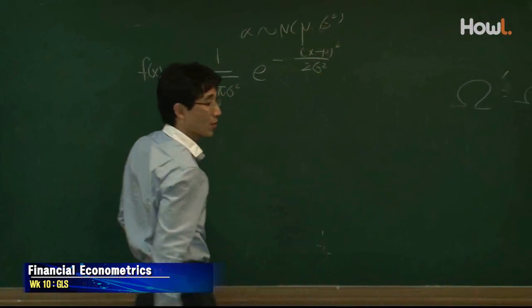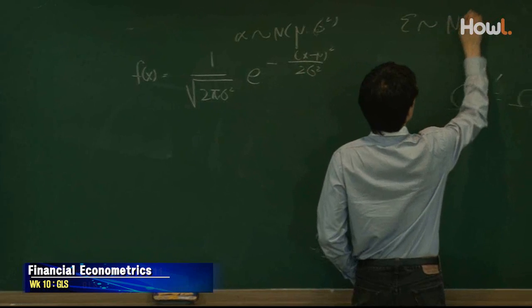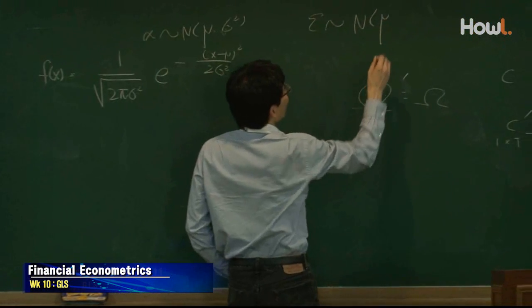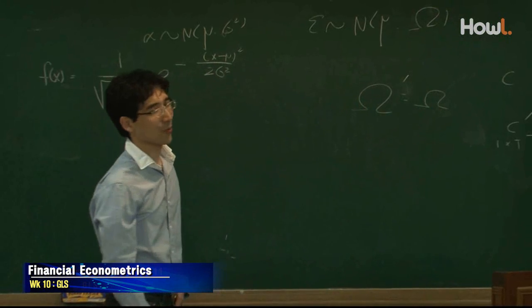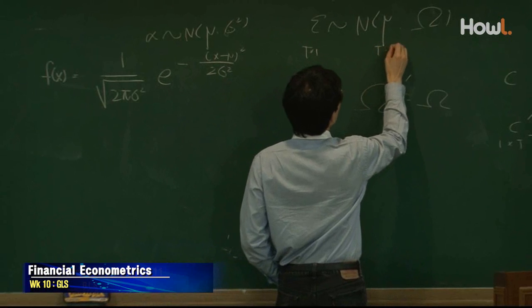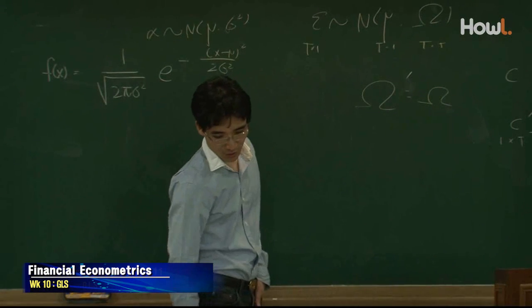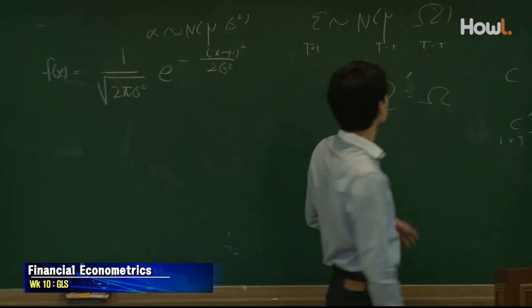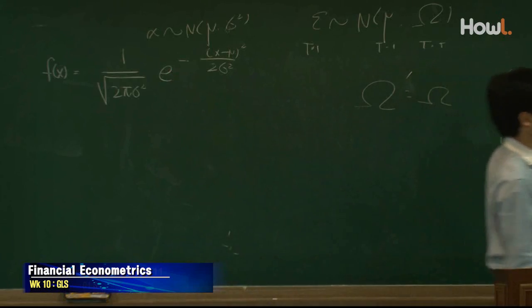But if we have a vector, epsilon, then mu is a vector, and omega is now a matrix. So it is a T by 1 vector and a T by T matrix. In this case the distribution function is more generalized than this, and it looks like this.